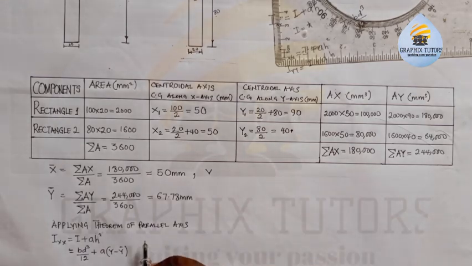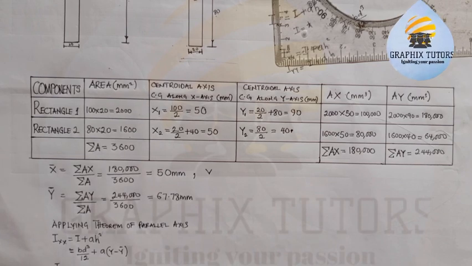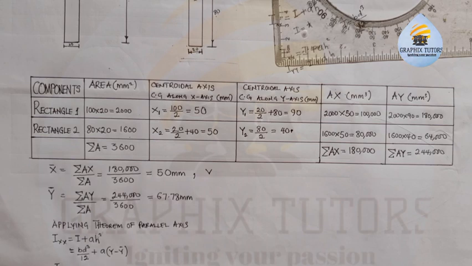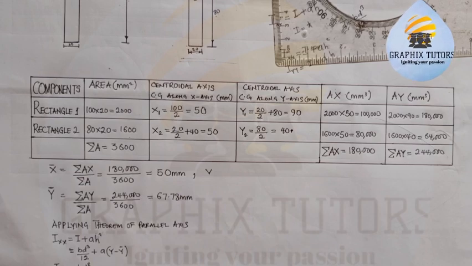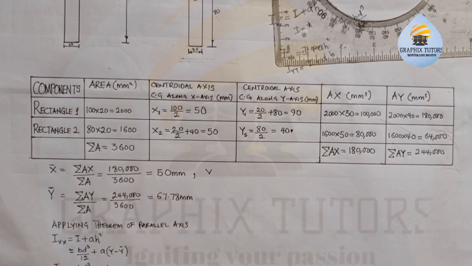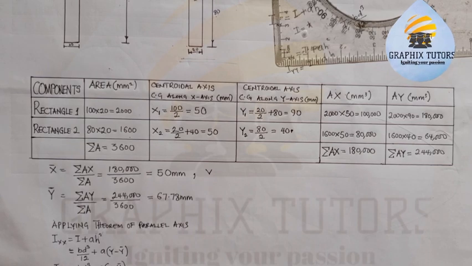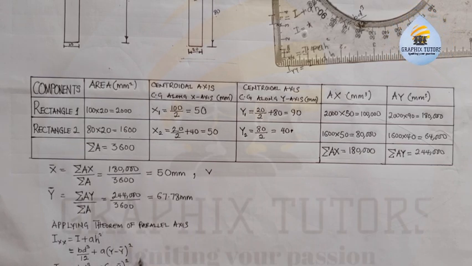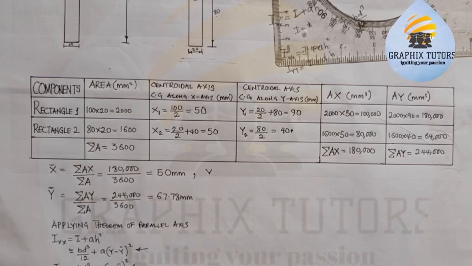So if I'm dealing with IYY along section YY, it is going to give me BD cube all over 12 plus A into bracket x minus x bar. There's a square here and there's a square here. So it can be this, it can also be this. Is that okay? So let's apply it into our equation here.